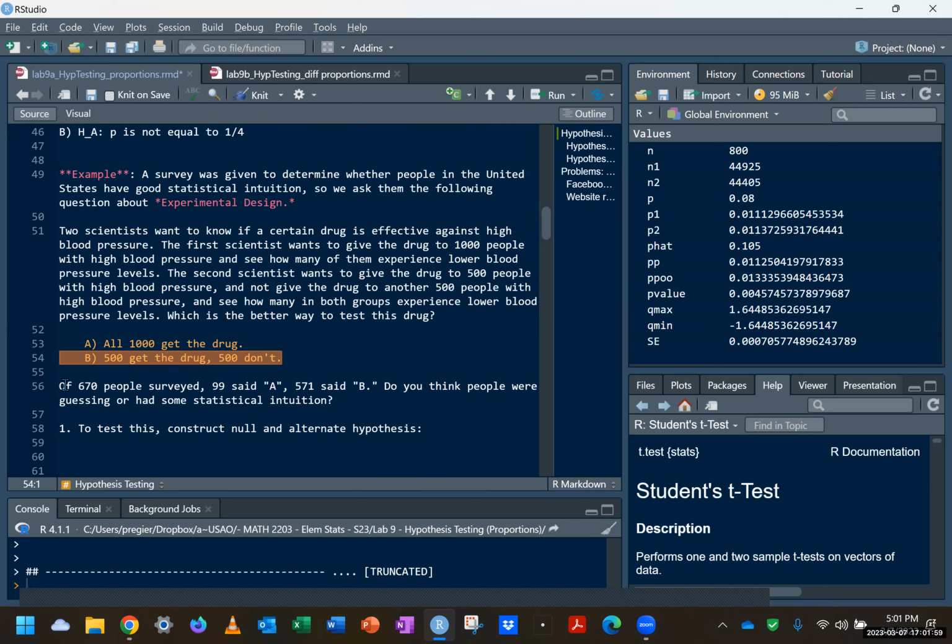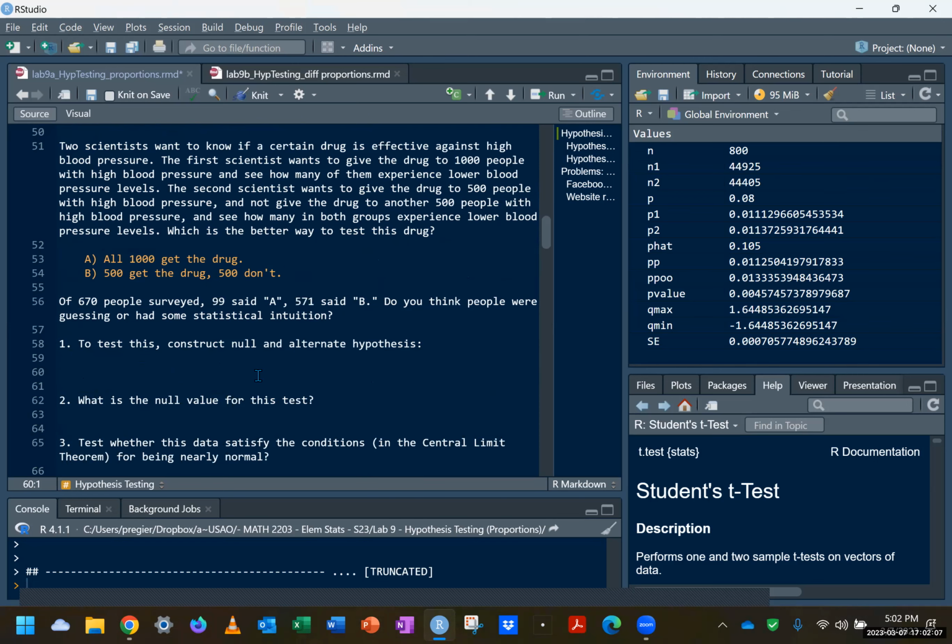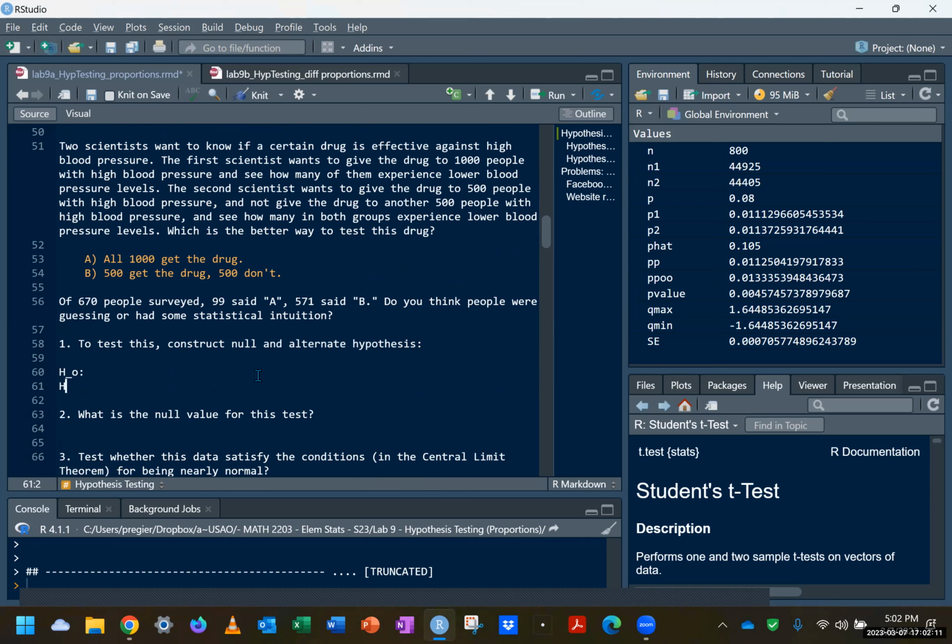And so here's an example of 670 people. 999 said A incorrectly. 571 said B. So let's construct our null and alternative hypotheses for this. We're going to test this. The null, H naught, says people are guessing. And if people are guessing, we would expect about 50% to get it right.